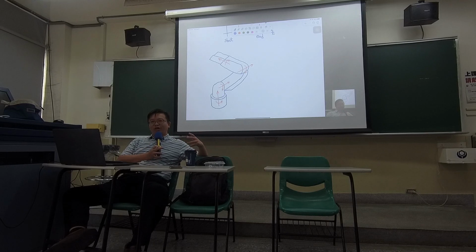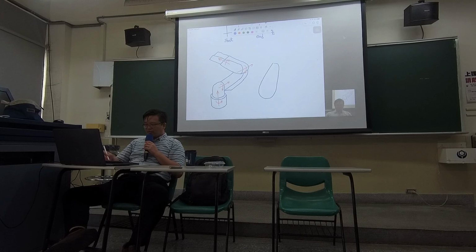So if you truly want to compute the shortest distance from the obstacle to some part of your body, you are probably evaluating some arbitrarily shaped geometry and some arbitrarily shaped obstacle. For example, if I have an obstacle that looks like this, some arbitrary shape, probably the closest point is this tip.